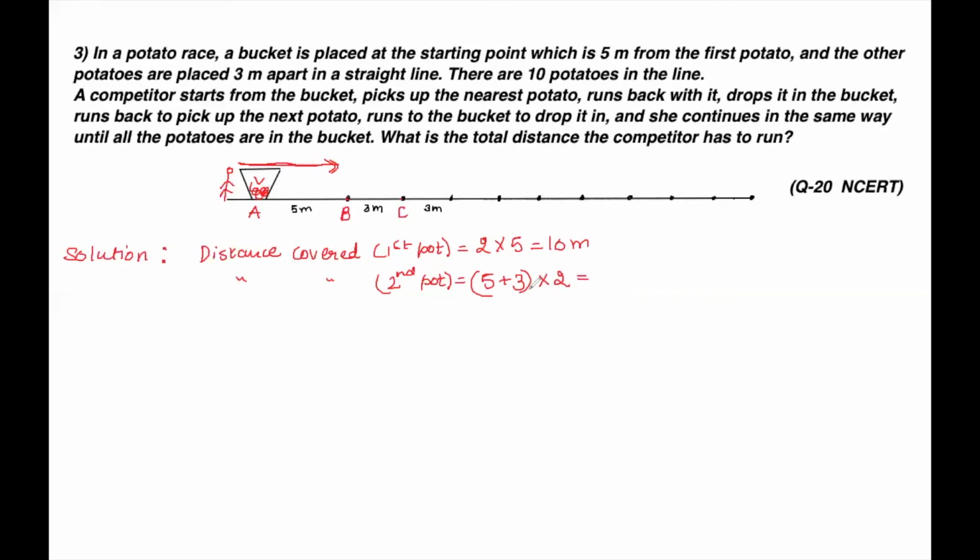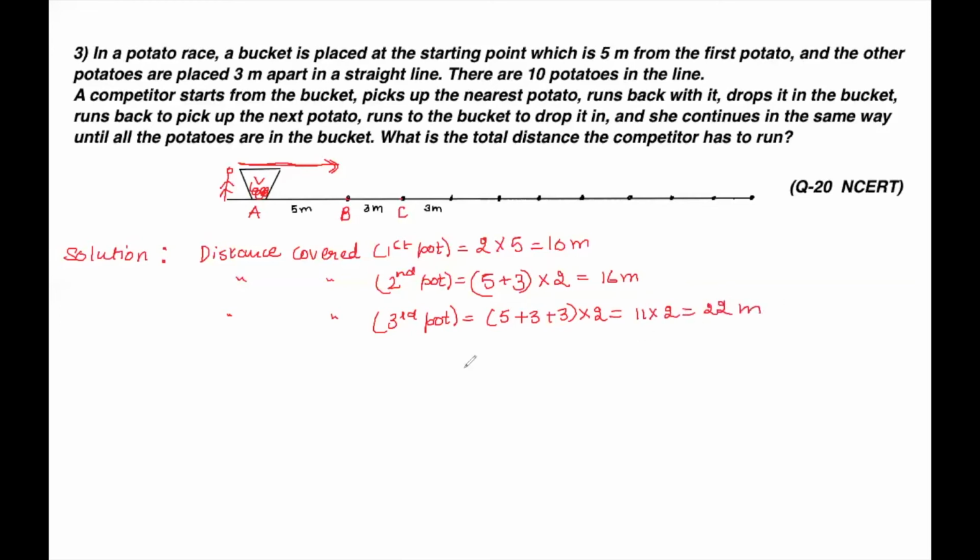So that is equal to 5 plus 3 is 8, 8 into 2, which is 16 meter. Now in the third turn, how much will she move? 5 plus 3 plus 3, that is 11, into 2, that is equal to 22 meter.